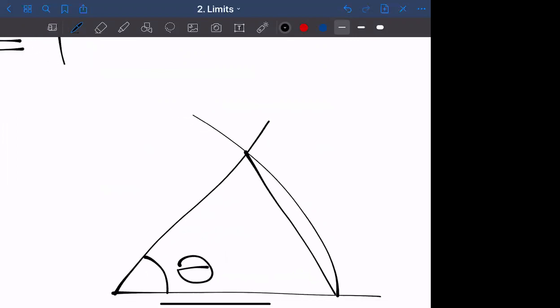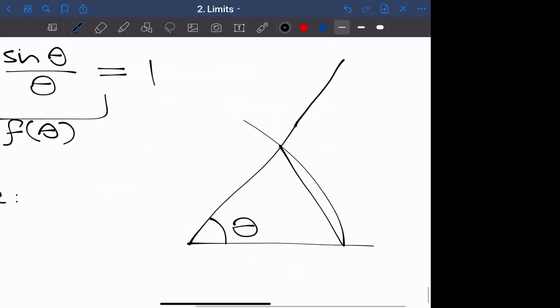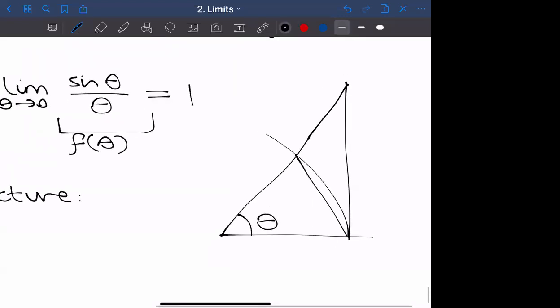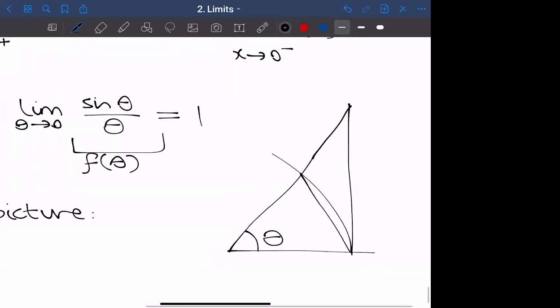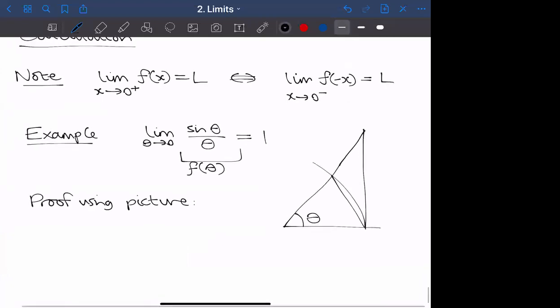Let's draw in two triangles like this, and let's start defining lengths on this. So let's say this length, the radius of the circle, is 1.